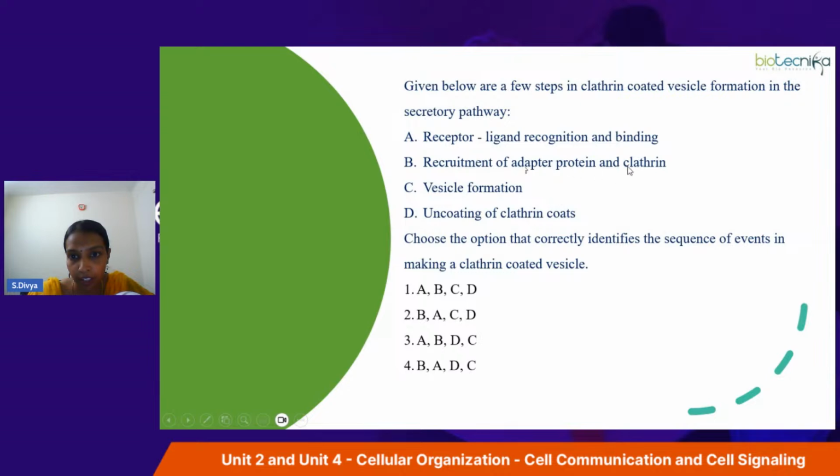Receptor ligand recognition and binding, recruitment of adapter protein, vesicle formation, uncoating of Clathrin coats. Very good, Sriyoshri. Clathrin coated vesicle formation.